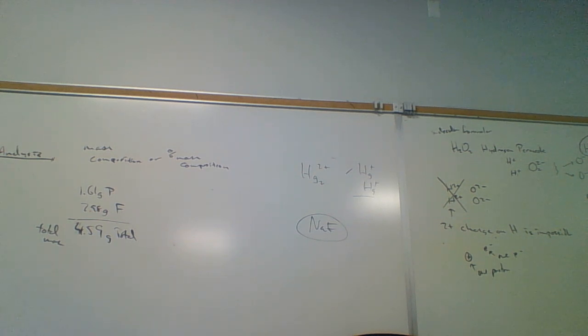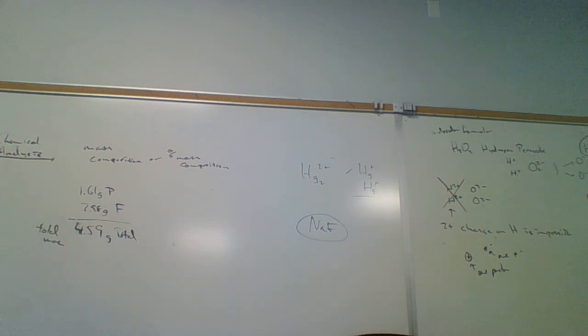All right, let's see how they do it. What we do is we send it out for chemical analysis. If you're analyzing phosphorus, there are certain ways you analyze for phosphorus. If you're analyzing fluorine, it's different.